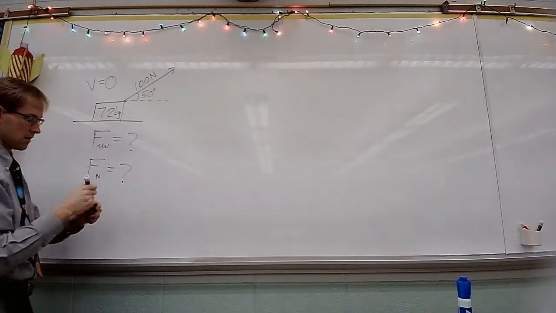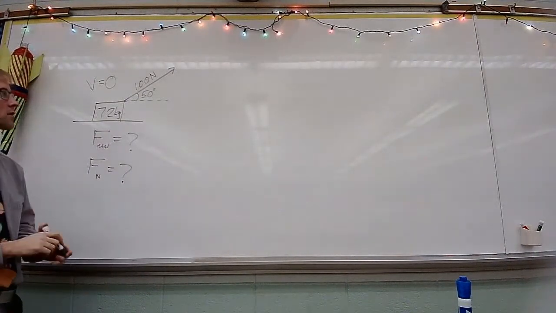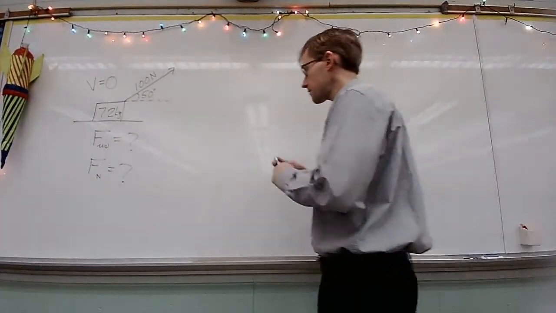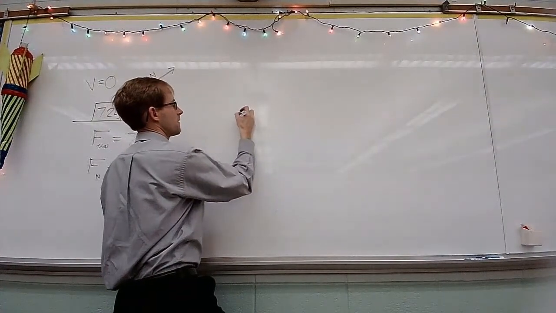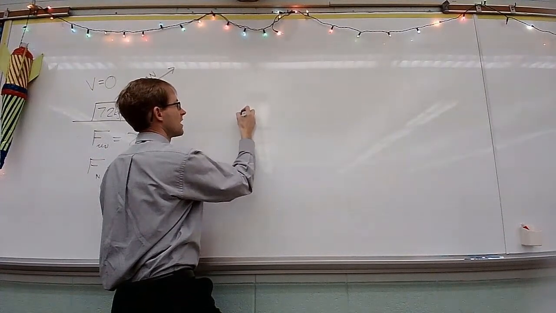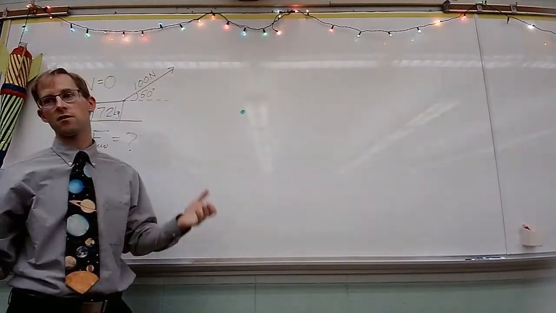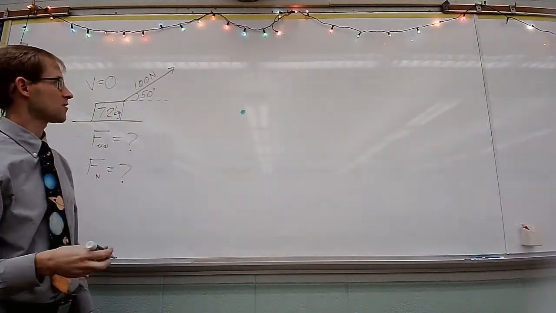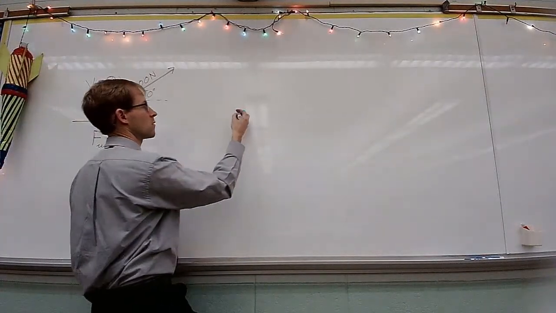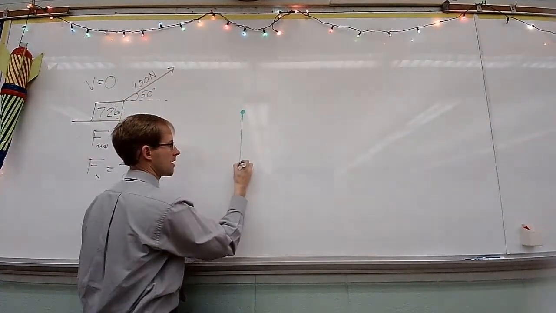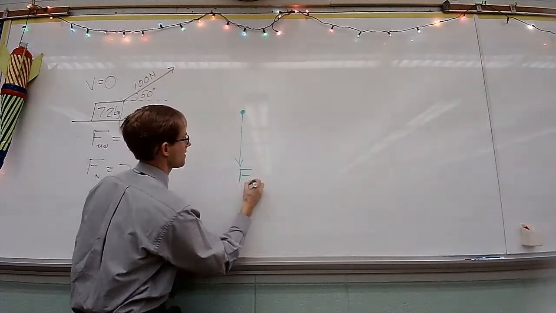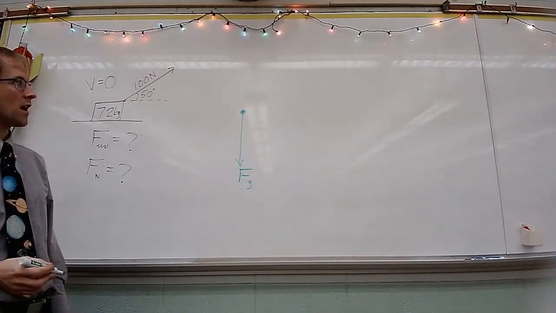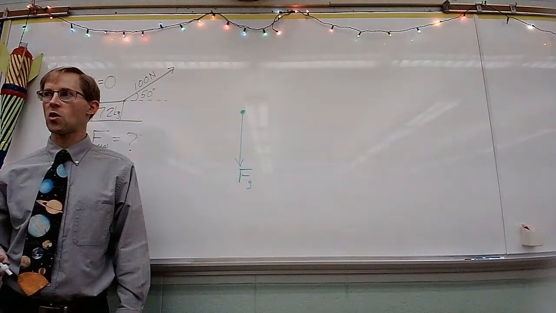So, in order to solve this, we got to start with a force diagram. And if you see a problem like this on the test, you should be very excited because that means you don't have to do anything with your axes being rotated in some funky direction. So we can start with what we know. We know we've got gravity going straight down. We know we've got a normal force going up. Would that normal force in this case be larger or smaller than gravity?